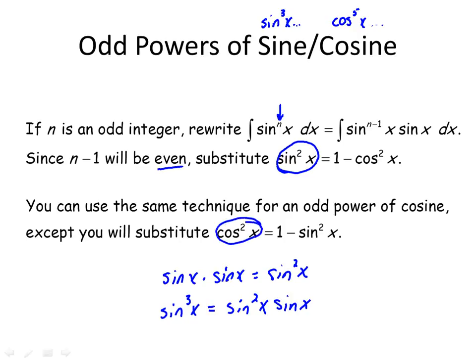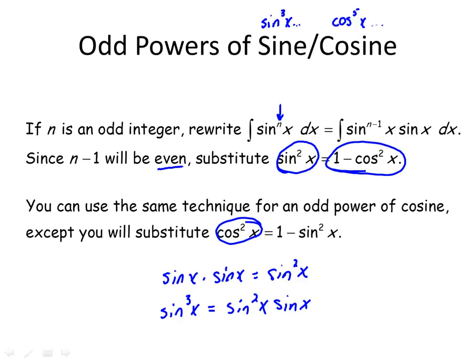Or cosine squared x. Because what you're going to do is use your Pythagorean identity. You know that sine squared x is equal to 1 minus cosine squared x. And you also know that cosine squared x is equal to 1 minus sine squared x. Why do we do that? Well, think about it. If we do u substitution, if I let u be cosine, what is du?